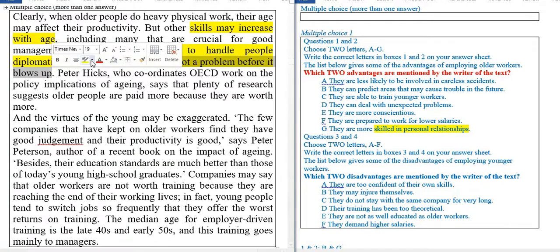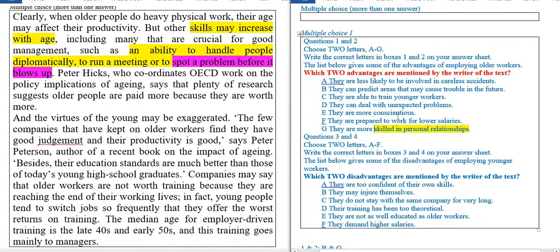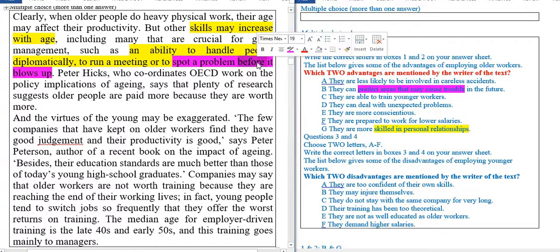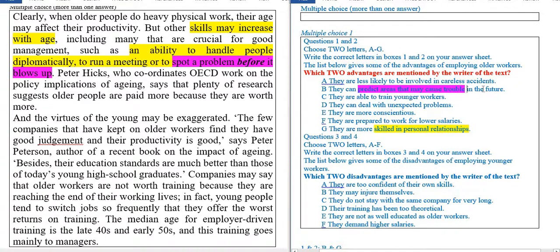Spot a problem, predict areas. You know, before, so you can see before here and here in the future. Okay, may cause trouble. So what's that? Blow up. That problem will arise, right? So this is the direct synonym.